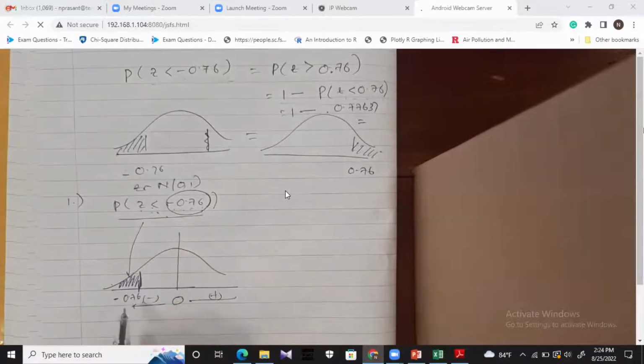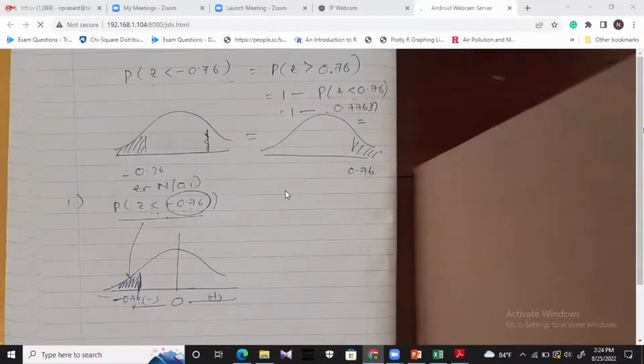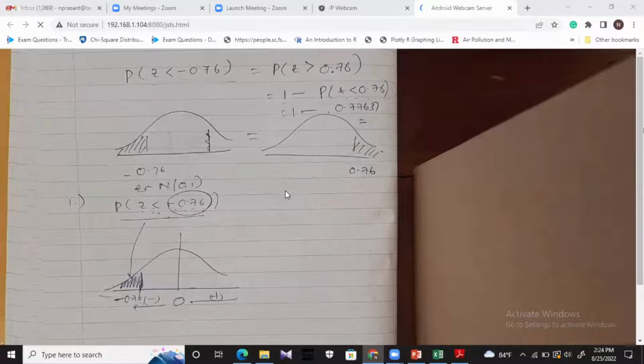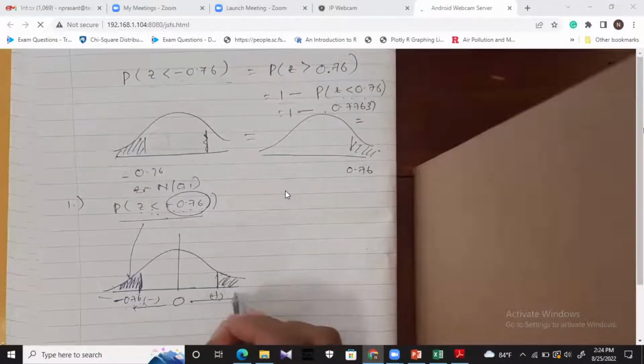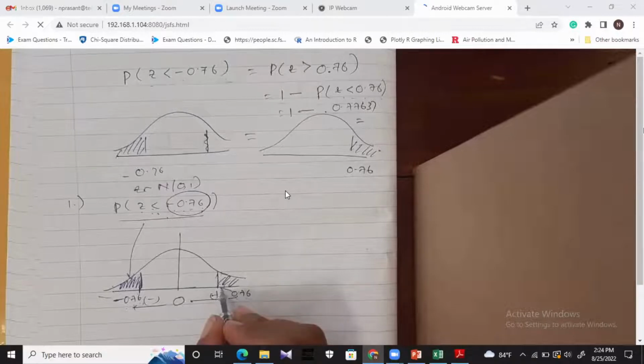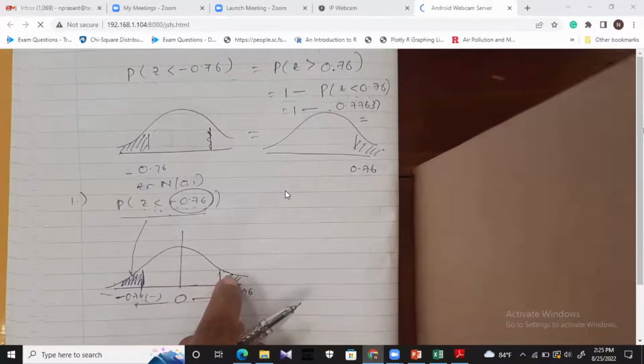But we can't read this probability directly from the table. Therefore, we have to use the symmetry of the distribution. Now, can anybody tell me the similar region for this shaded region in the diagram? This is equal to this small region beyond plus 0.76. These two small regions are similar. They are equal.